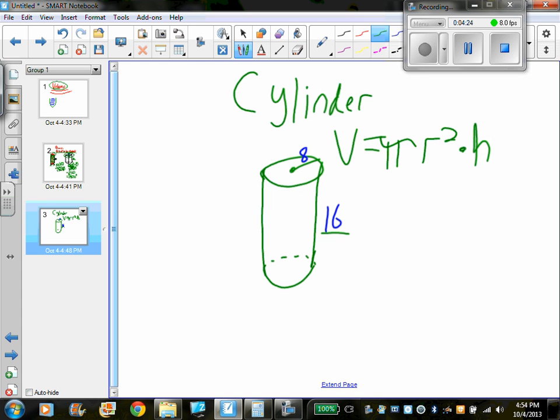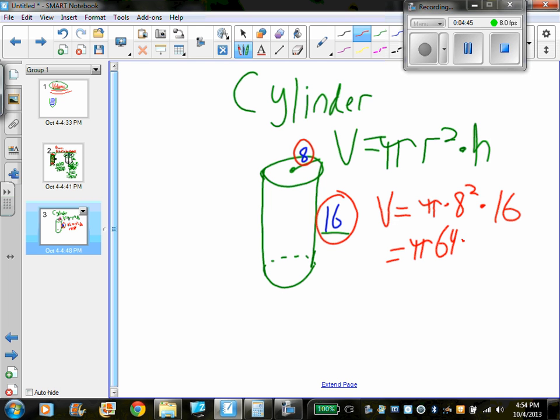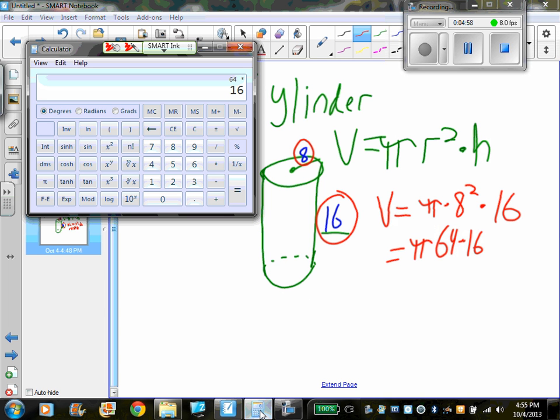So putting that all together, we can see that the radius of the circle is 8, and the height of the cylinder is 16. So the volume is going to be pi times 8 squared times 16, which means we're going to have pi times 64 times 16. Let's get our calculator out and see what 64 times 16 is.